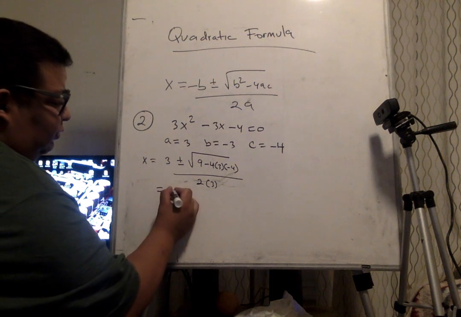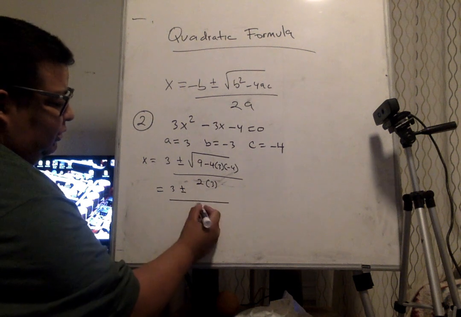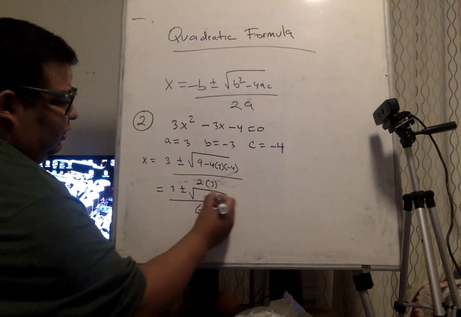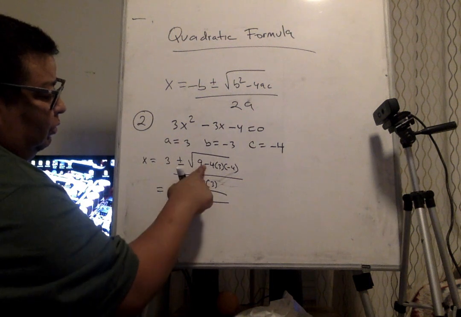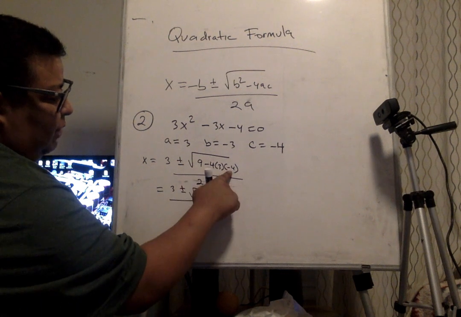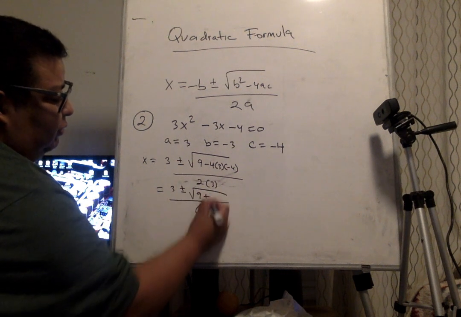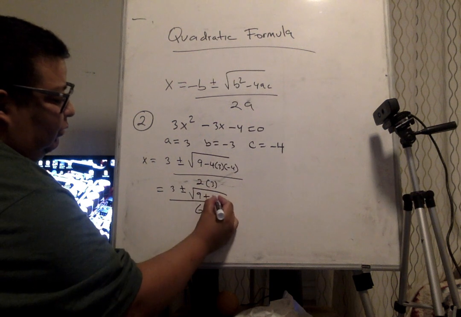Now this is equal to 3 plus or minus, and the bottom is 2 times 3, which is 6. Inside is going to be 9 minus, and a minus times a negative is positive, so it will be plus 4 times 3 is 12, 12 times 4 is 48.